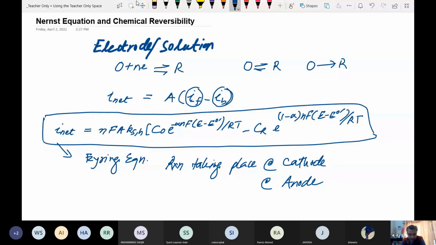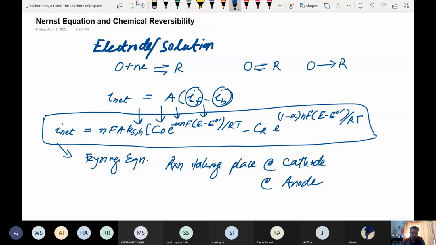Net current depends on certain terms. It depends on this constant, which is the standard heterogeneous rate constant, and then the surface concentration of the oxidized species, and the potentials, and similarly for the other term, and then this constant, which is quite important.